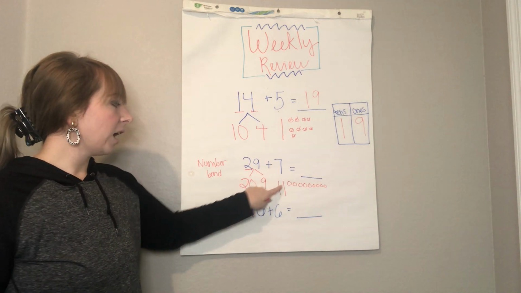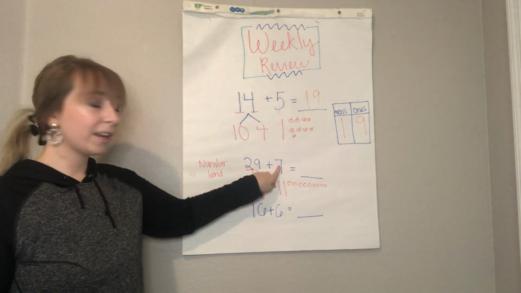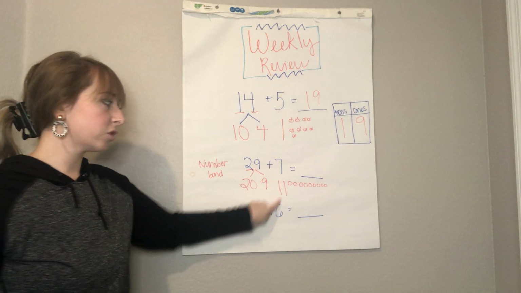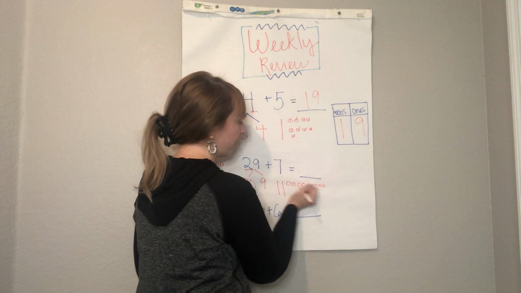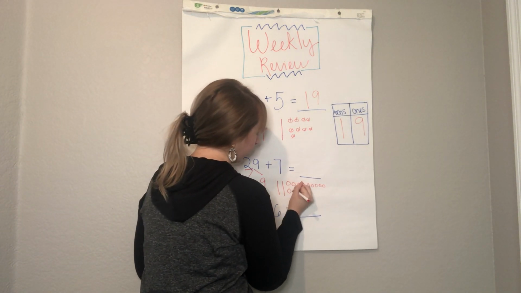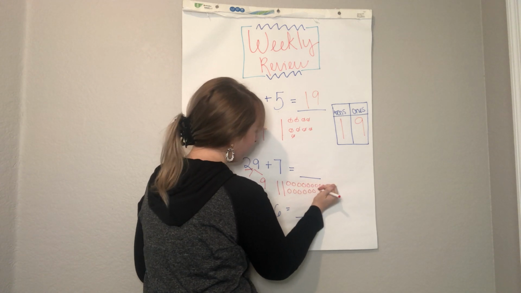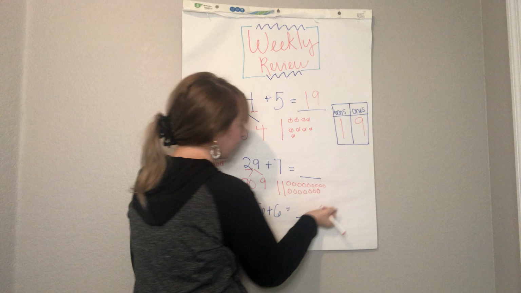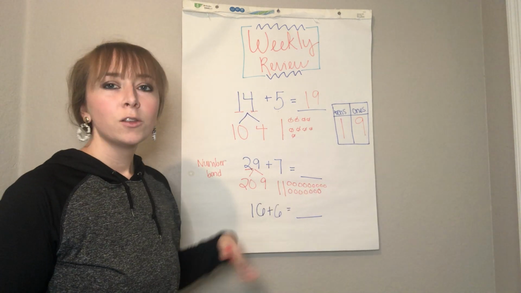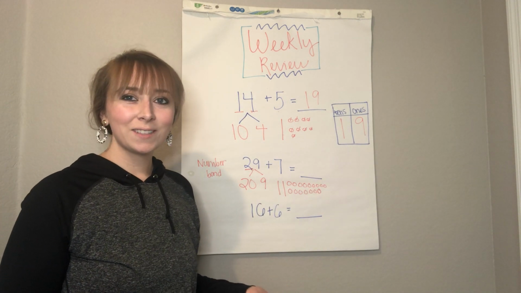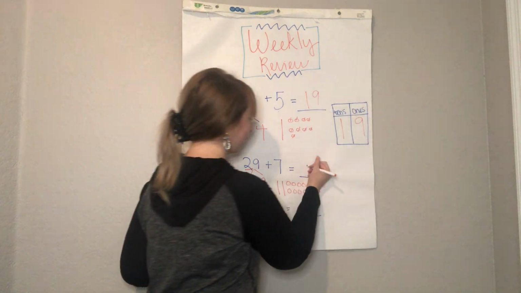Okay, so we have 29 right here, and we were adding on 7 more. So let's draw our 7 more. Ready? So we have 29, 30, 31, 32, 33, 34, 35, 36. So we have 7 here. So my final answer was 36.